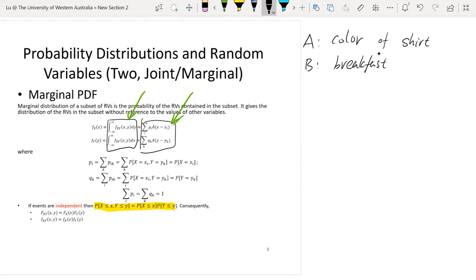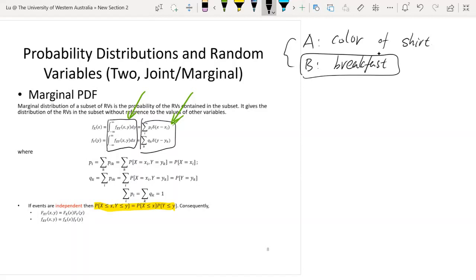Are these 2 things related to each other? In other words, if you know something about event B, can you get some information regarding A? Or if you see event A, can you know what happened in B? Of course, in this example I gave here, no. For example, maybe in my event B, in my breakfast, I ate 1 sandwich. From this, can I determine what color my shirt is? Of course not.